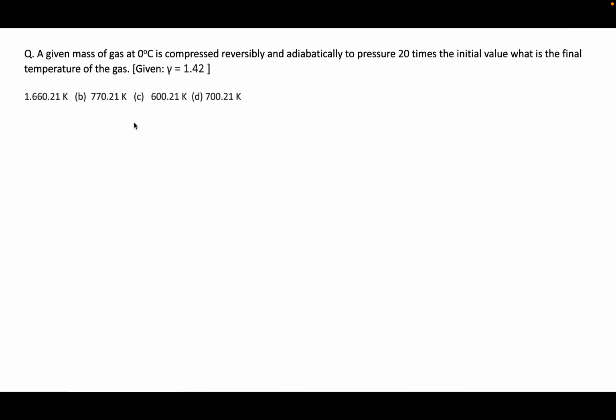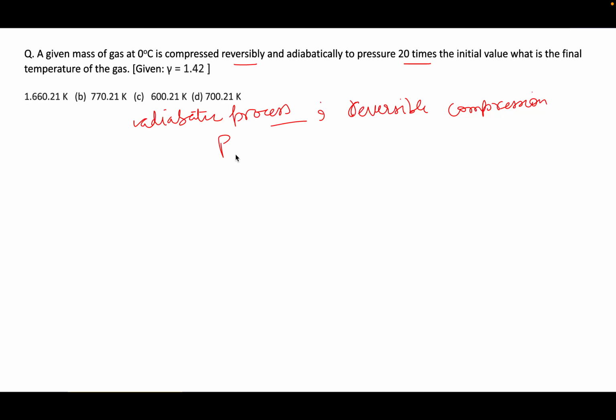Okay, the process is an adiabatic process, and the pressure is 20 times. Reversible adiabatic compression. Let's say the pressure initially was P naught and then it is 20 times, so 20 times P naught. This is P1 and this is P2.